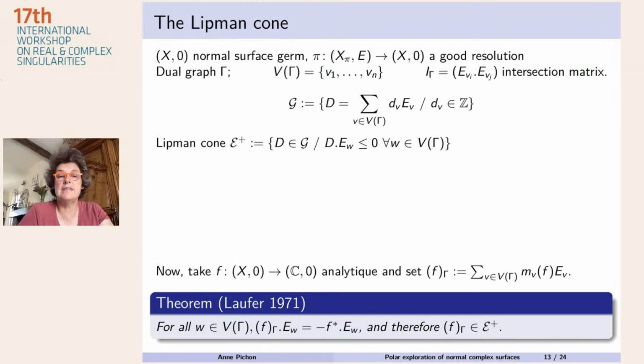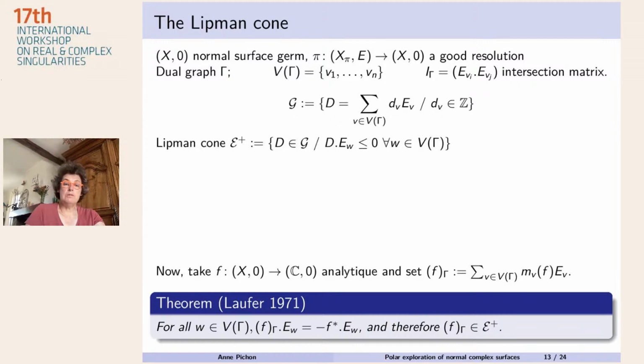Because I want that D dot EW is less or equal to 0. And so what you get is this cone, okay? This is what I drew as the blue cone. And why do we introduce that?